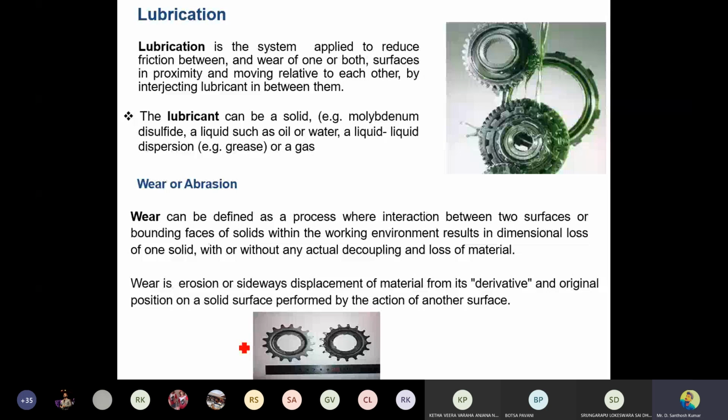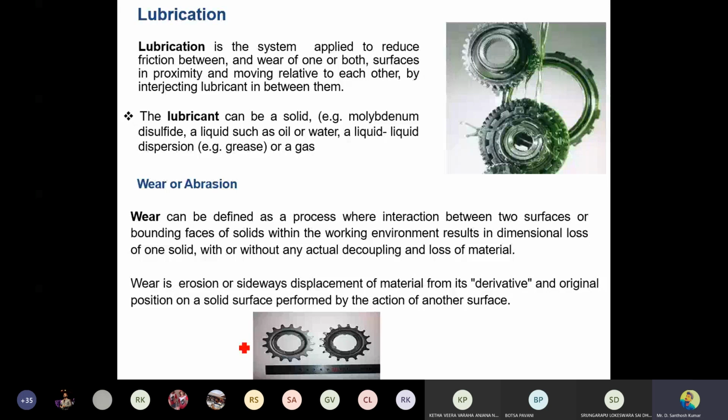Sometimes it is possible on two solids, or if any one component has better mechanical properties, like more hardness, then that will affect the other component. That's why we have mentioned a dimensional loss of one solid without any actual decoupling and loss of materials.